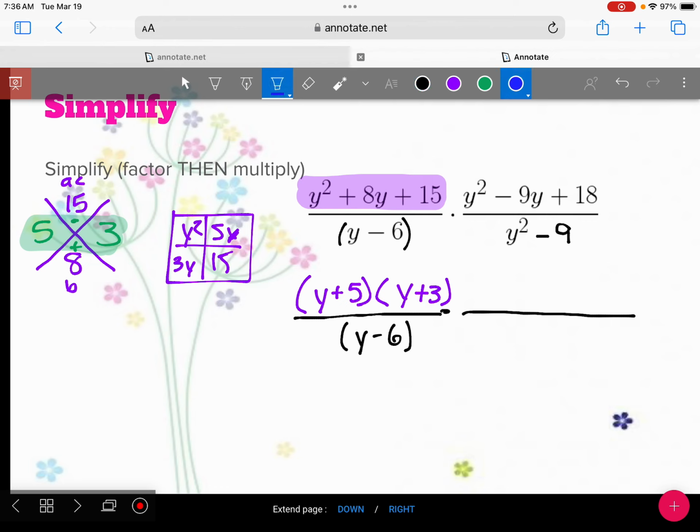So then let's come through and factor my right-hand guy. Very similar vibes. I'm going to take this blue one. We're going to do our a times c, 1 times 18, which is 18, and my b is minus 9. Negative 6 and negative 3.